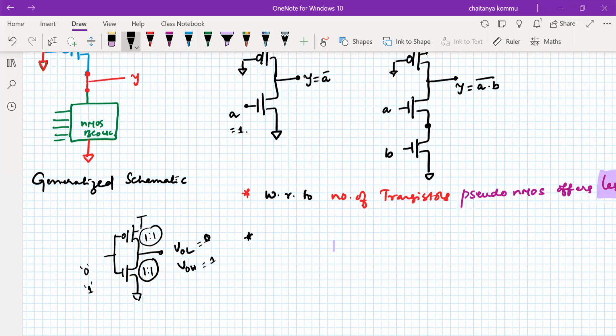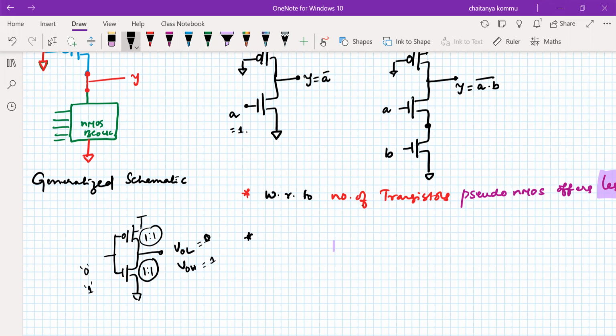What are the conditions of both the transistors that you observe there? Any guess? How do we calculate the ratio of the device? Anyone from the class?